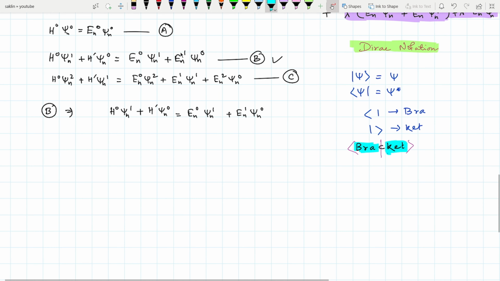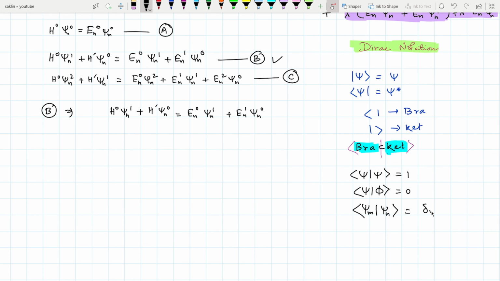And I will tell you some properties. This will be 1 if the two are the same. If these two eigenfunctions are not the same, then it will be 0, orthogonality. This can be written as psi m psi n equals delta mn. This is known as the Kronecker delta, and this is called the orthonormality condition.